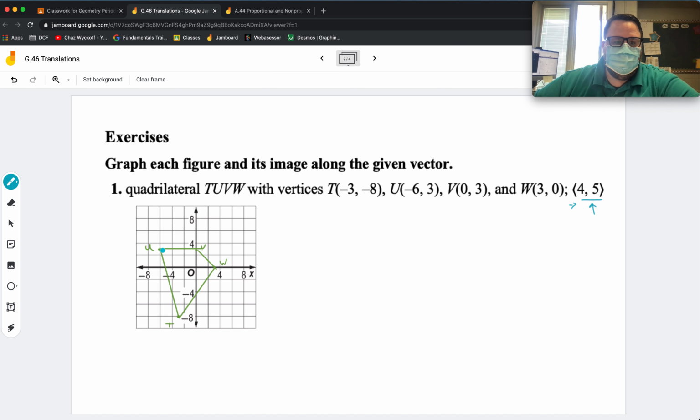I'm going to start with U right here. Right 4, up 5: 1, 2, 3, 4, 5. And that is U prime.